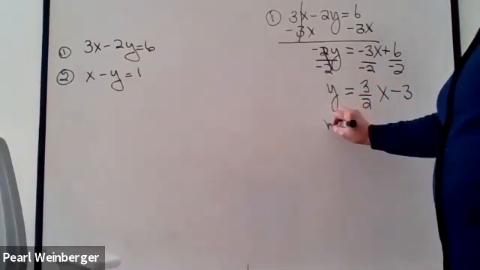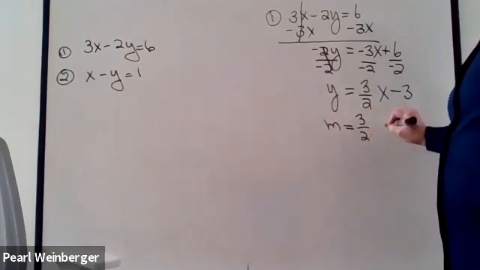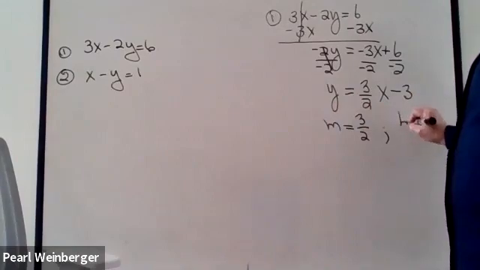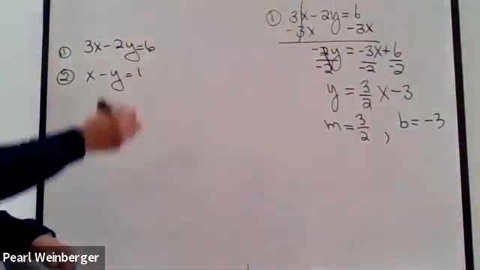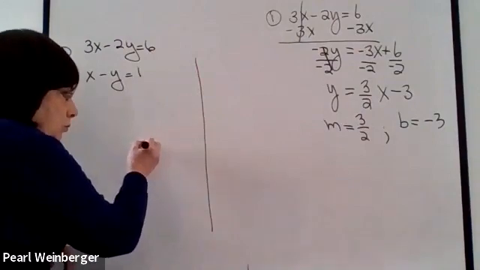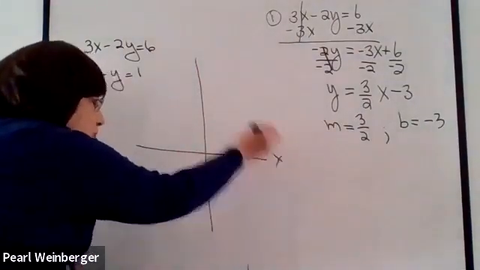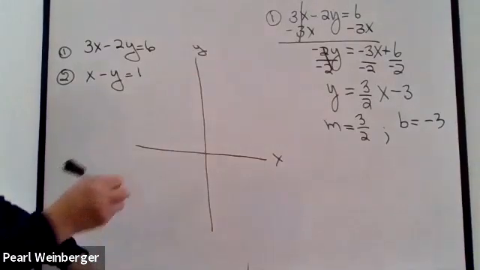I know the slope of the line, the rise over the run, is 3 over 2. The y-intercept is negative 3. So let's go over here. Here's my piece of graph paper. And let's graph that line. Remember how we graph a line?